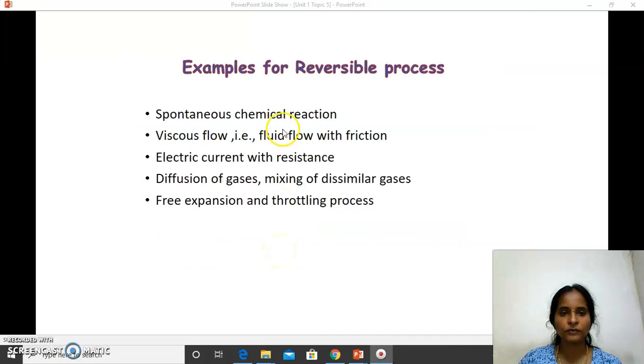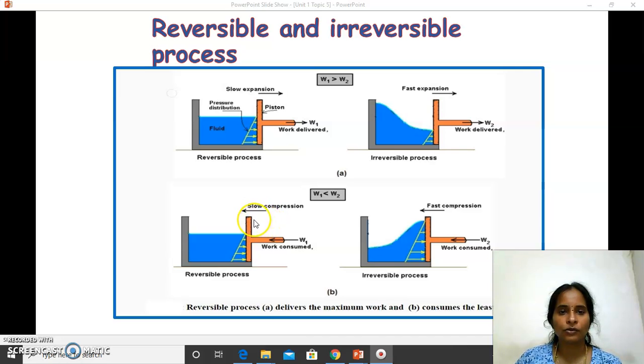Examples: all the spontaneous chemical reactions, fluid flow with friction, electric current with resistance, diffusion of gases, mixing of dissimilar gases, and free expansion and throttling process will be explained soon. Here you can see in the reversible process slow expansion takes place and the pressure distribution is even.